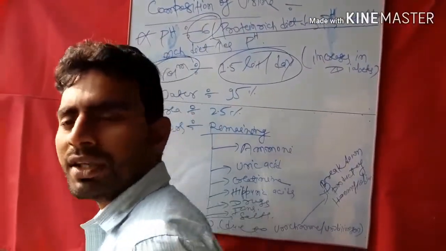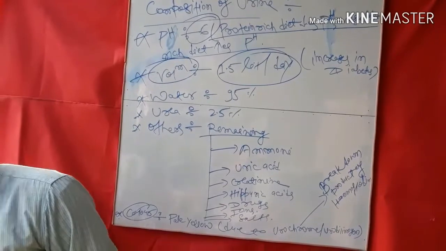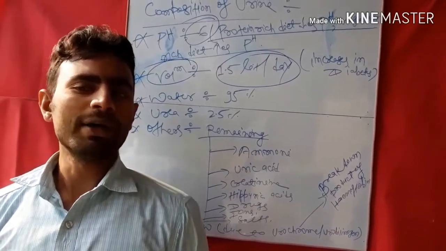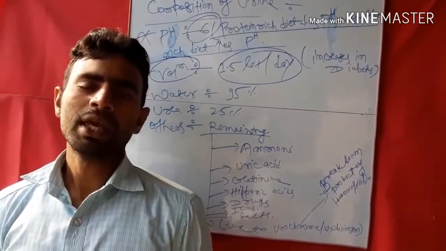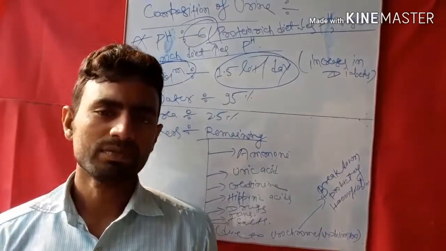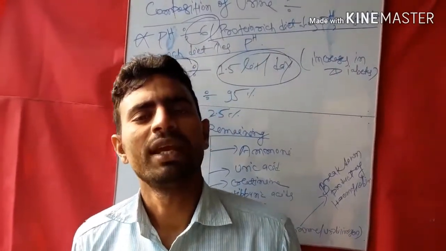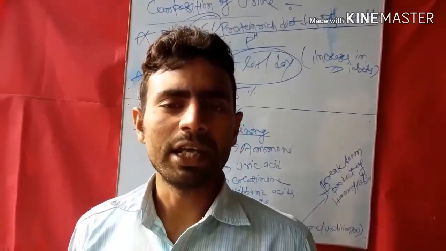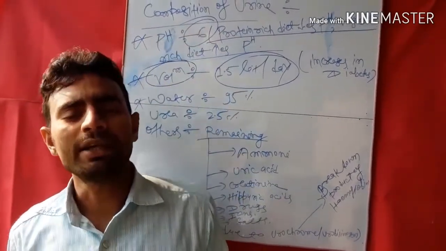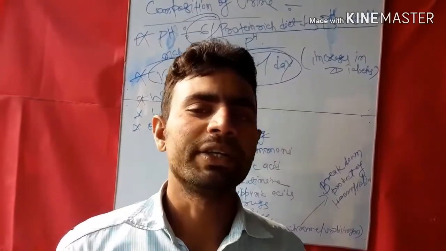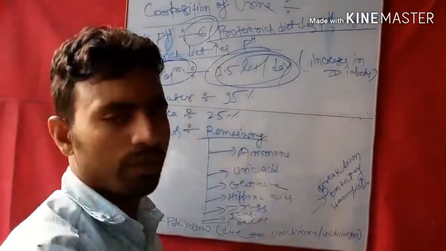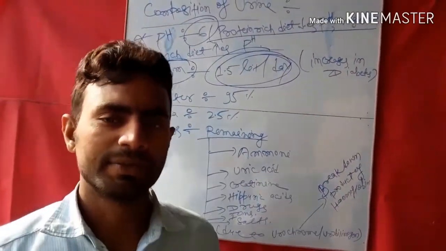But this volume of urine increases in diabetes patients. If someone is a patient of diabetes, then in that person the volume of urine increases. In a normal person, such as you and me, the volume of urine is 1.5 liter per day.